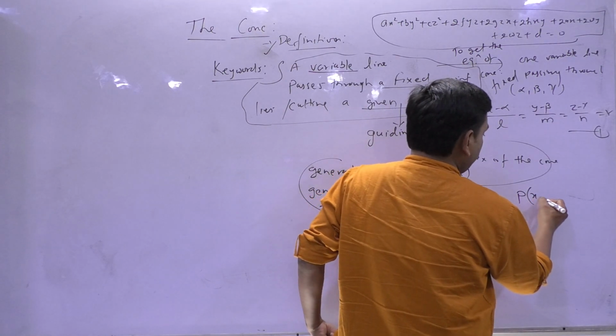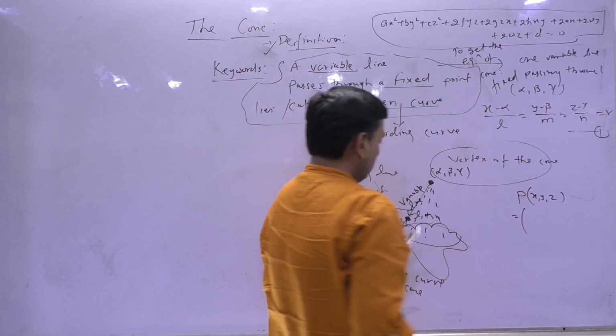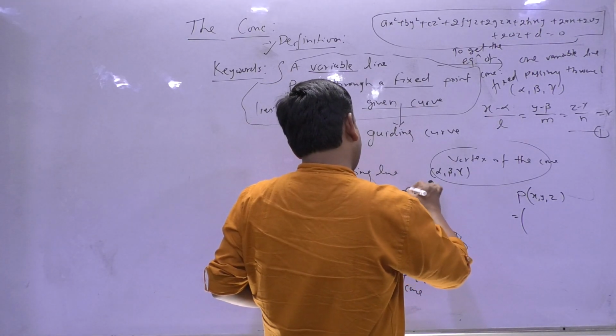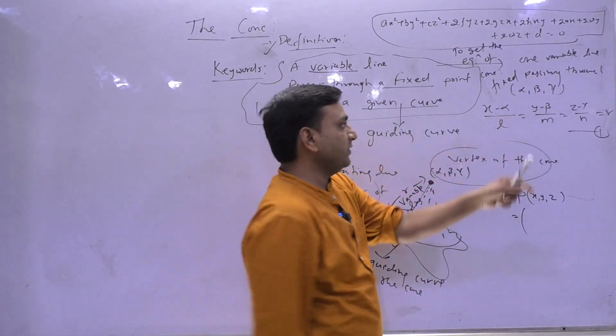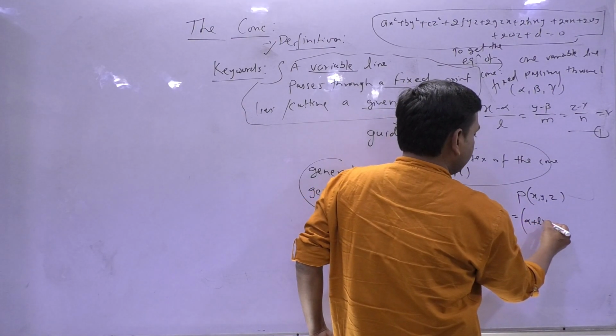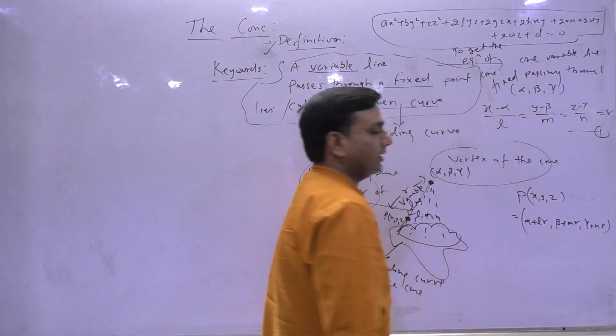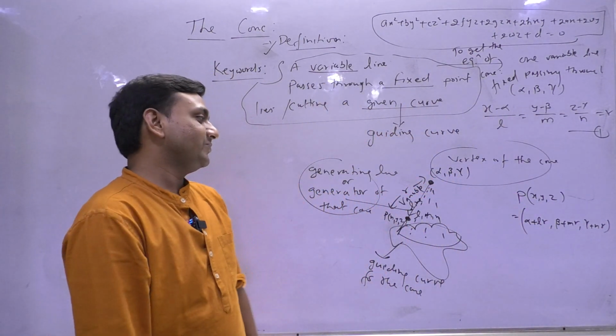So P is the point on this line at a distance r. Through this it will be given like alpha plus lr, beta plus mr, gamma plus nr. Any doubt?